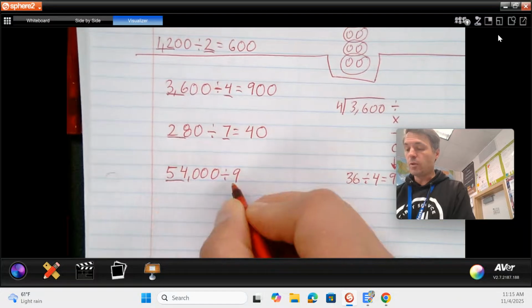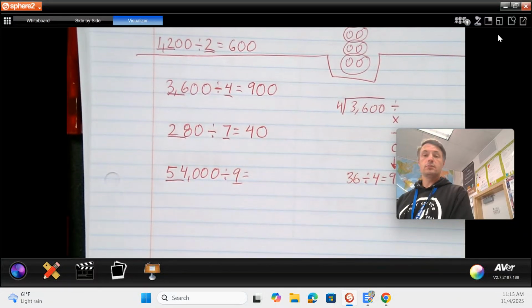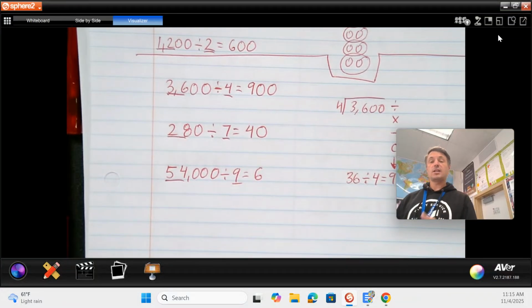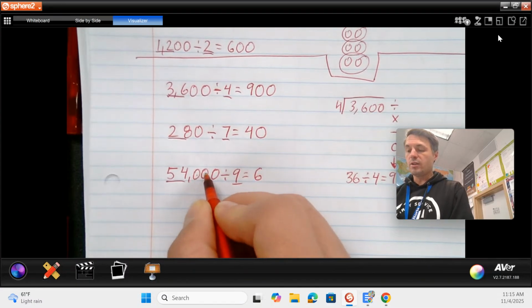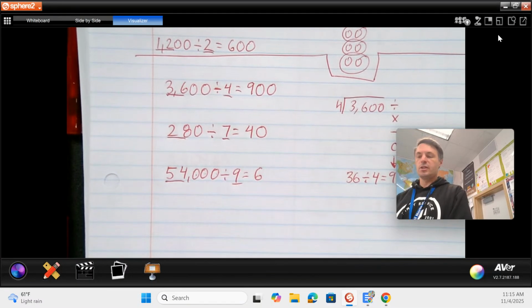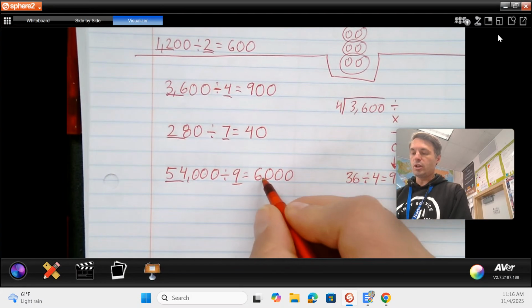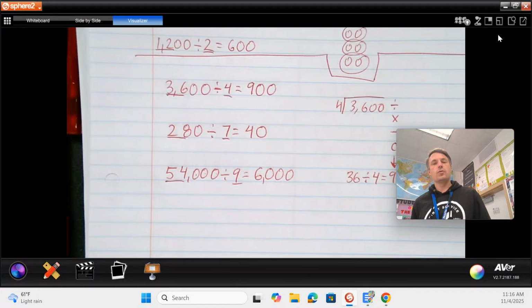Just do 54 divided by 9, and you get 6, because 6 times 9 equals 54. And then you take these 1, 2, 3 zeros in the dividend, and you drop them to the right of the 6 in the quotient. So 54,000 divided by 9 is 6,000.